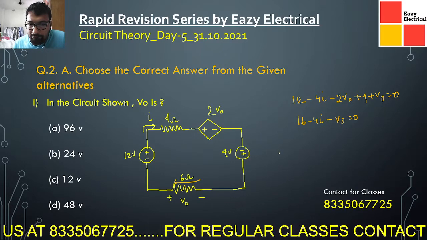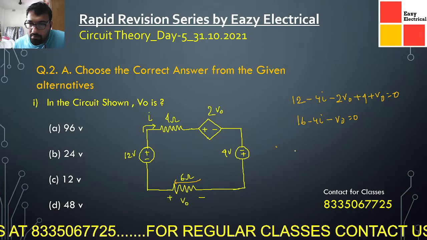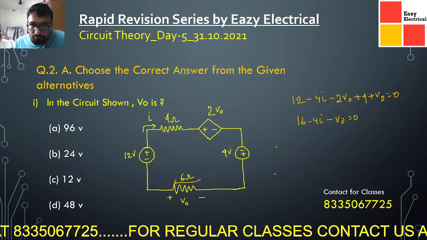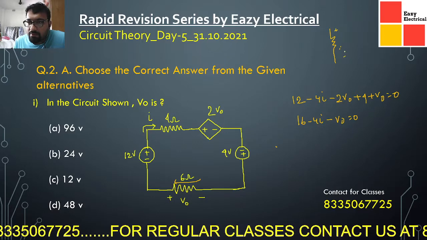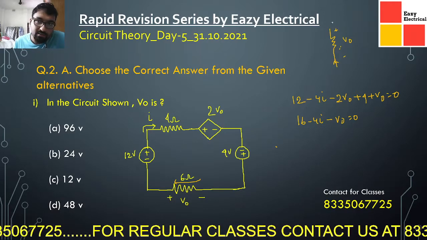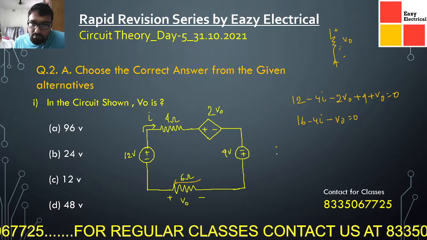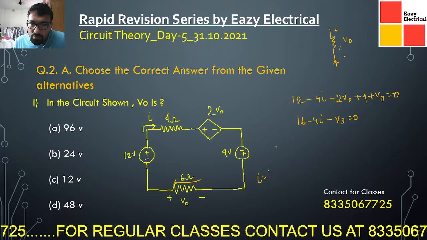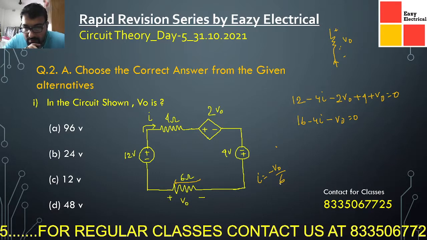Suppose this is a resistance, this is a plus minus voltage drop, v naught is there, the current is coming in this direction. So I will be minus v naught by 6, right? Minus v naught by 6 will be the current.